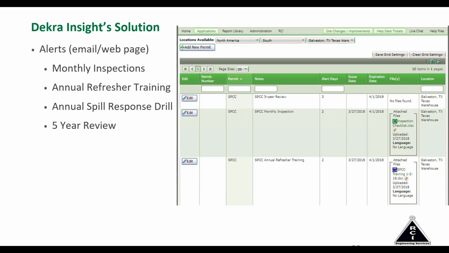So we set up an alert to remind the client. It doesn't have to be anything real sophisticated either. The training basically boils down to reviewing the SPCC plan. What's your protocol for preventing oil spills, or if you do have a discharge, what do you do? It's just that simple, but it has to be done and it has to be documented.